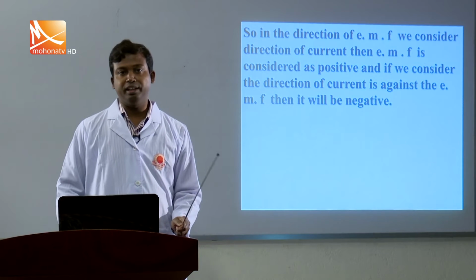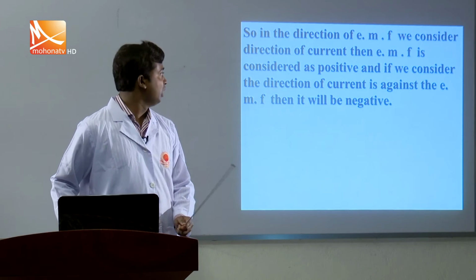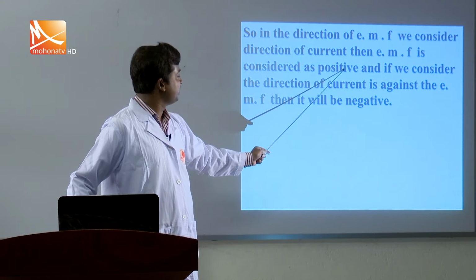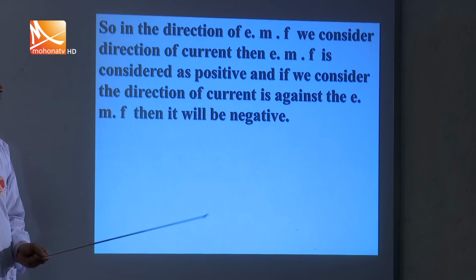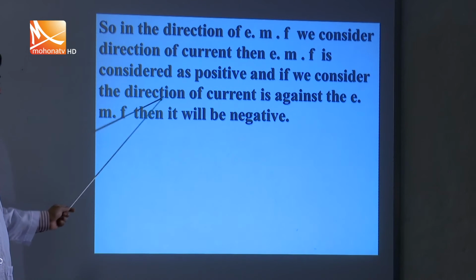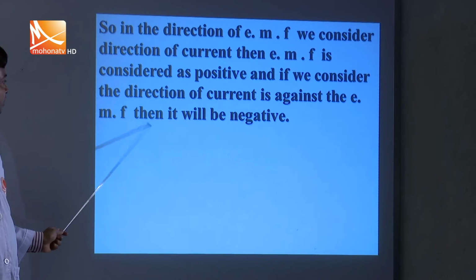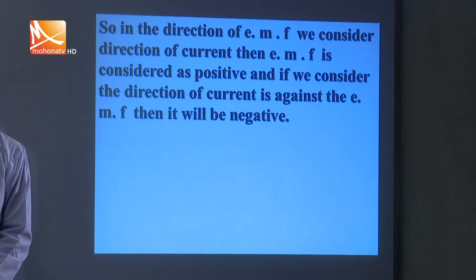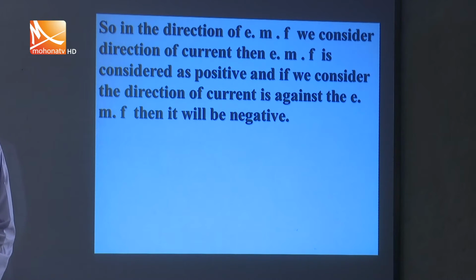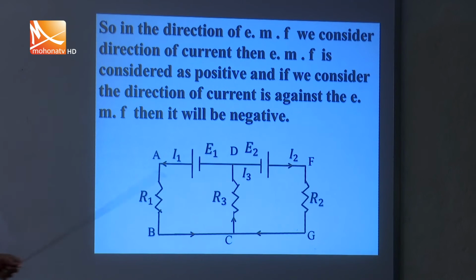When the direction of current and the direction of EMF are equal, then EMF is considered positive. And if we consider the direction of current against the EMF direction, then EMF will be negative. That means along the direction of EMF, along the direction of current, it is positive, and if the reverse occurs, then it is negative.